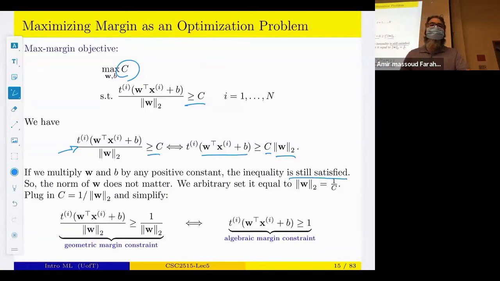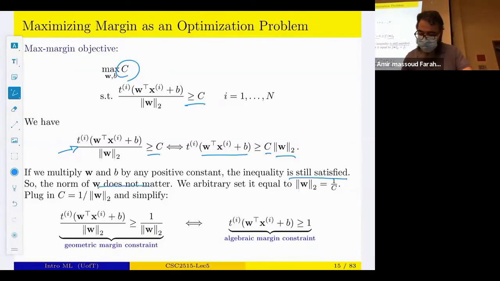This basically says that the norm of W does not matter, which I mentioned a few slides ago. When we talked about W star, if I multiply W by some constant in that previous slide, it is still defining the same hyperplane.